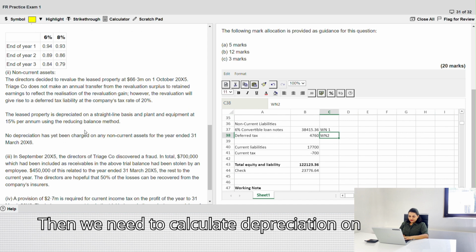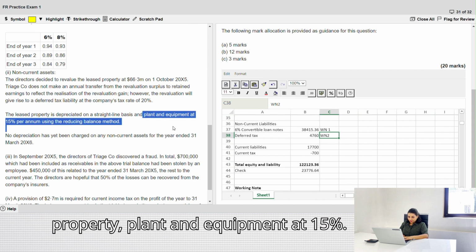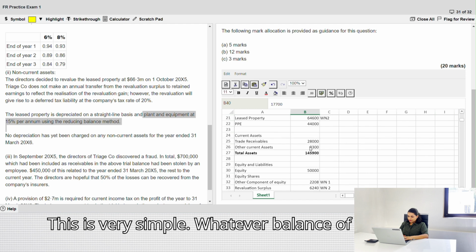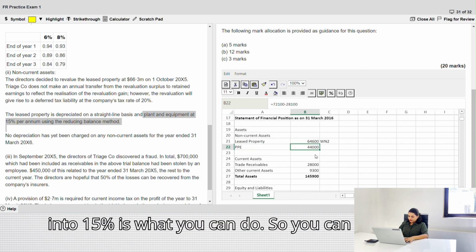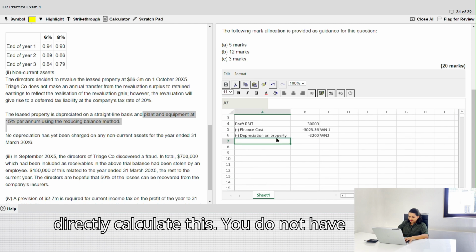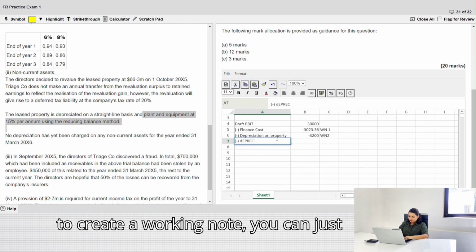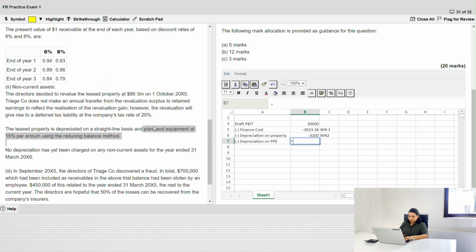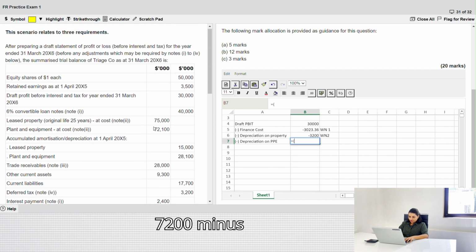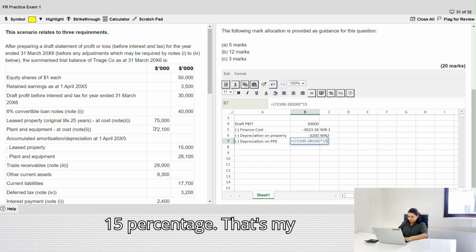Then we need to calculate depreciation on property, plant and equipment at 15%. This is very simple. Whatever balance of PPE is available, 4,400 into 15% is what you can do. So you can directly calculate this. You don't have to create a working note. You can just say depreciation on plant and equipment PPE is equal to 7,200 minus 28,100 into 15%.